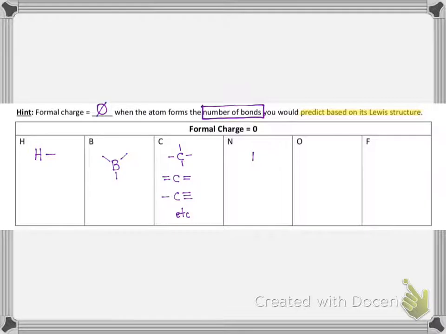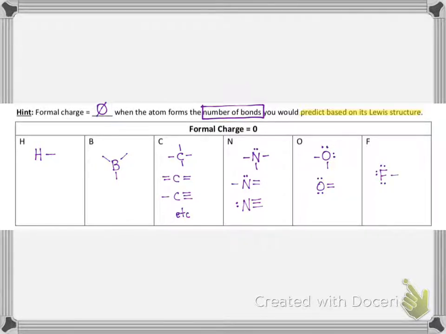Nitrogen, which of course has a lone pair and 3 single electrons, wants to form 3 bonds. So a nitrogen with 1 lone pair and a total of 3 bonds, formal charge of 0. Just like carbon, those 3 bonds can happen in a variety of ways, but as long as that's the total, it's still going to have a formal charge of 0. Oxygen, of course, 2 lone pairs, 2 bonds. And fluorine, 3 lone pairs, 1 bond.